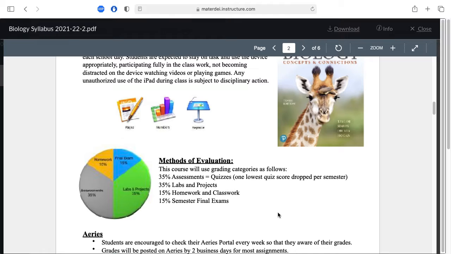We don't have any tests in this class. Yay! But we do have quizzes. They're really short, and they're only 25 points, and sometimes not even 25 questions. We will have about 8 or 10 quizzes, and you get to drop the lowest quiz score.